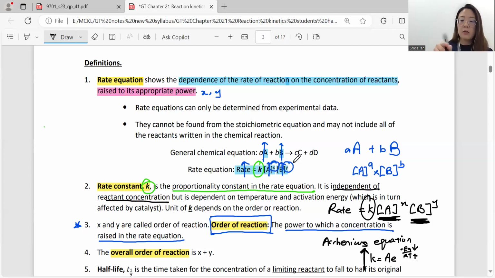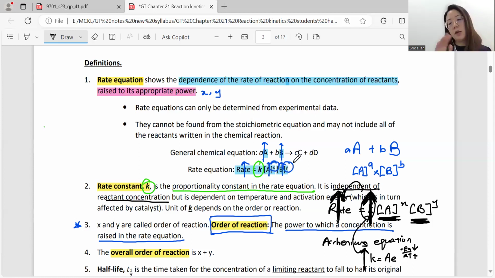So when e to the power of a negative small number, the K will be high. If this K is high, which means this K will also be high in the rate equation, therefore your rate will also be high.